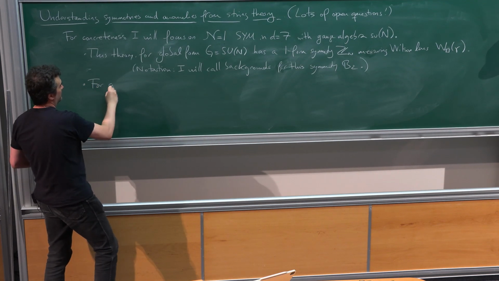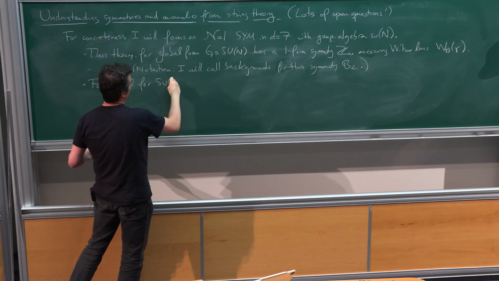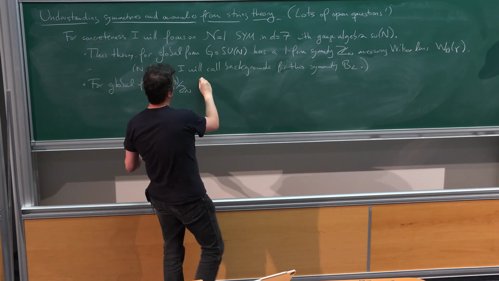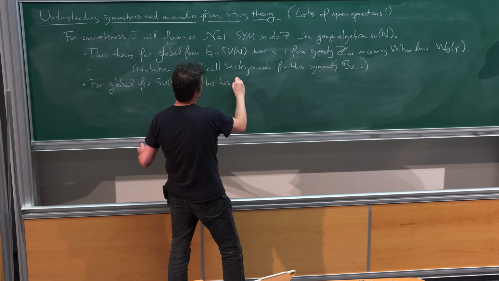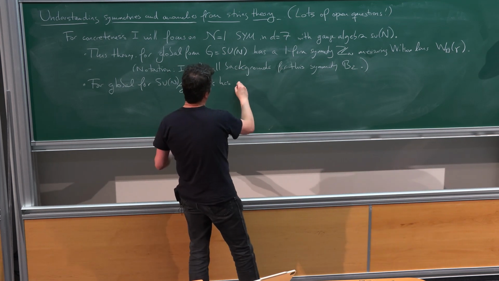For global form SU(N)/Z_N, this theory has a symmetry, which in this case is a 4-form symmetry.